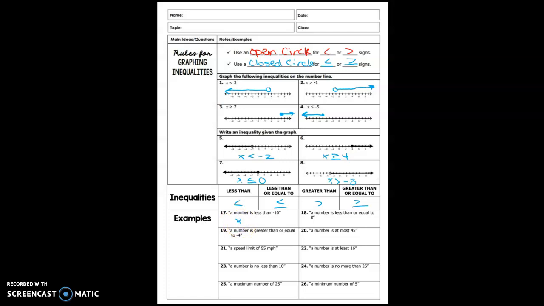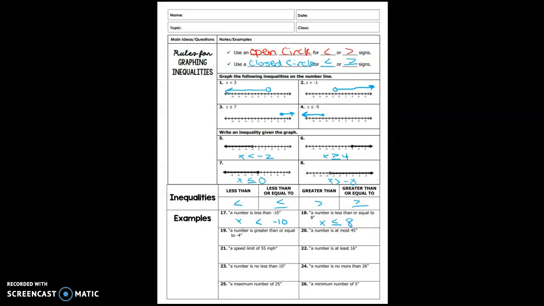A number, aka x, is less than, and less than is going this way, and then -10 we can just write down. For 18, a number, aka x, is less than or equal to 8.